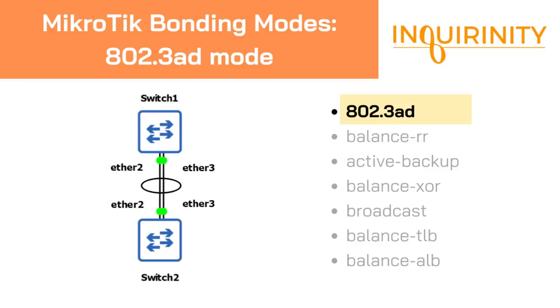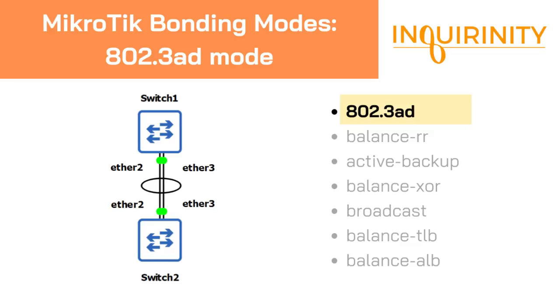802.3AD mode is an IEEE standard, also called Link Aggregation Control Protocol or LACP. The standard mandates that all devices in the aggregate must operate at the same speed and duplex mode. LACP balances outgoing traffic across the active ports based on hashed protocol header information and accepts incoming traffic from any active port.